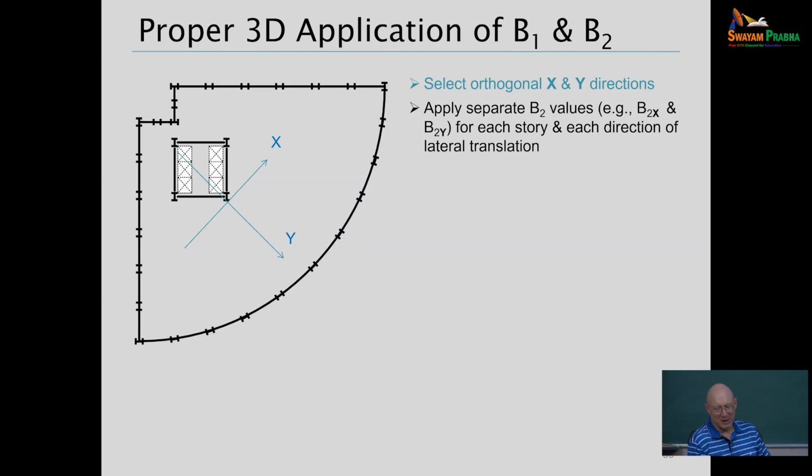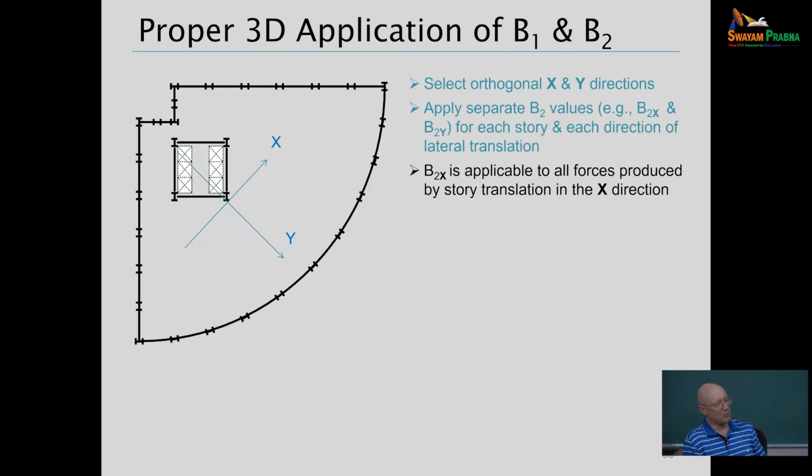We need separate B2 values. We need a B2 for side sway displacements in the X, and we need a separate B2 for side sway displacements in the Y. And they depend on the total vertical load, but they also depend on the side sway stiffness in those two directions. And so then how do we apply it?